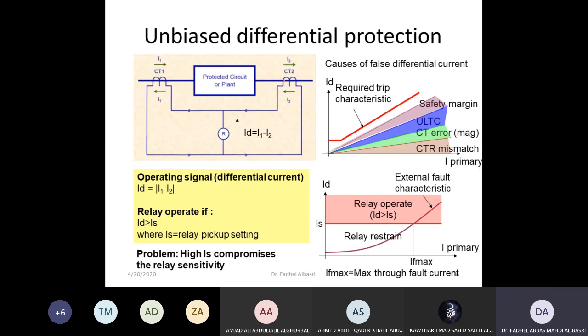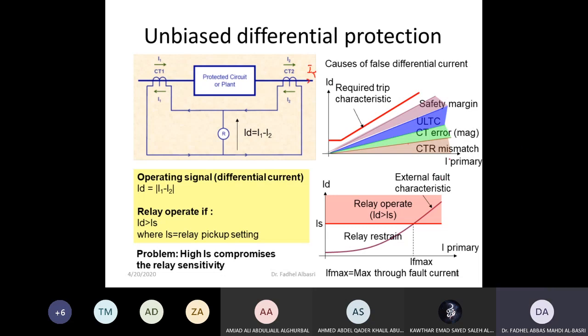One case is when these two CTs do not have the same magnetizing characteristics. So I have a differential current. As the current in the primary increases, the difference also increases. So this is called an error, the relation between I differential and I primary current. So this is I primary current with differential current.